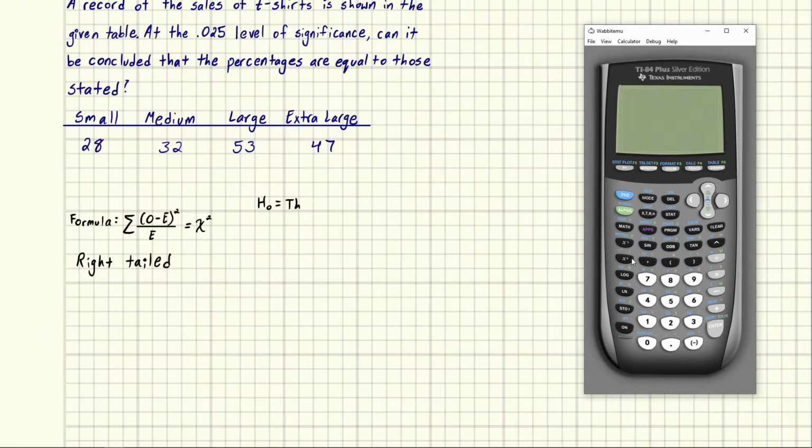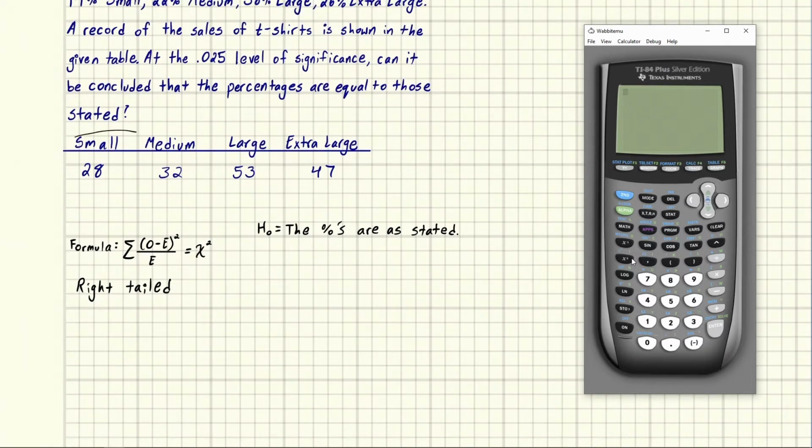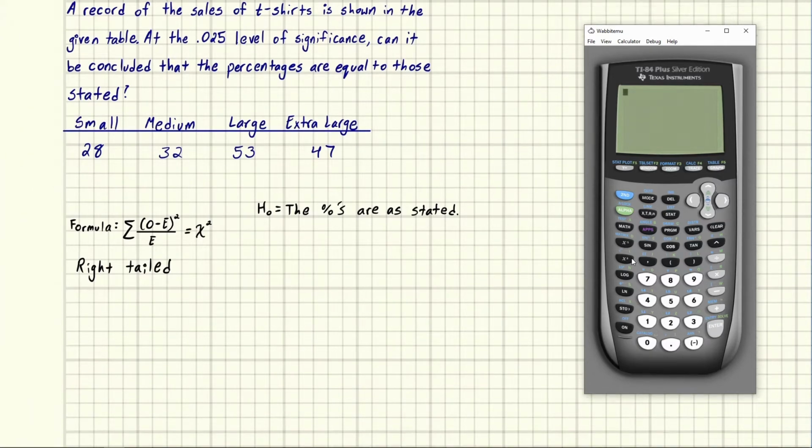I'm going to write percentages as a percentage sign. Very fancy, I know. The percentages are as stated. Now, some teachers want you to attach this to the actual problem. So you would say the percentages of the distribution of t-shirt sales match those shown by the data. You would say something that says basically they're the same, they're equal.